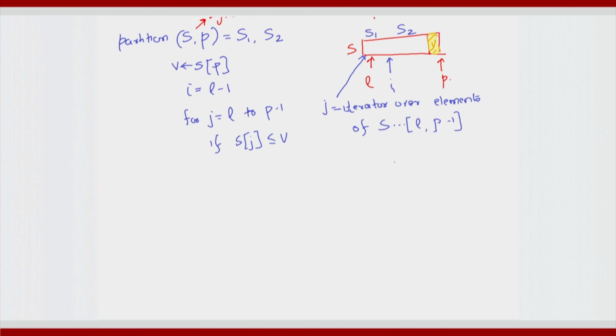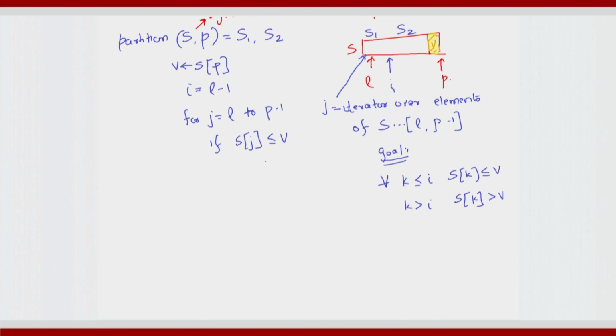So as I pointed out, our goal is for all k which are less than or equal to I, we want S of k to be less than or equal to V, and for k greater than I we would like S of k to be greater than V. Well, you can make it strict inequality.